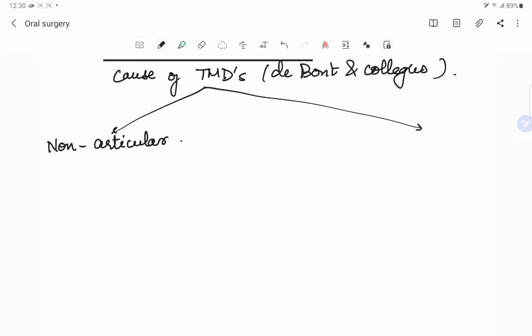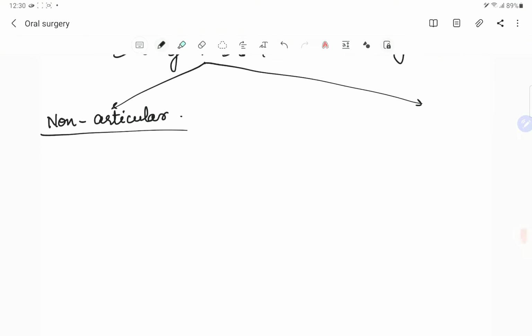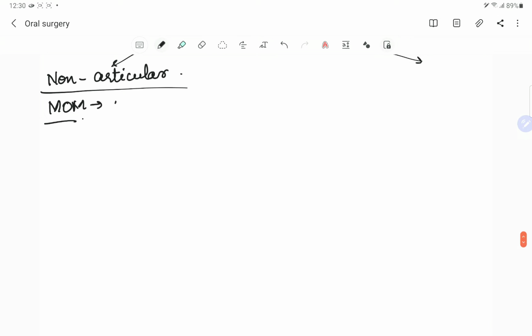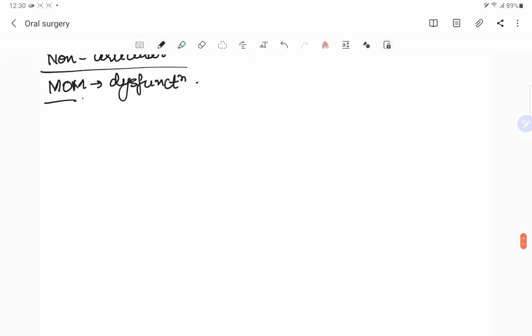That is going to be the musculature, the muscles of mastication. If there is a dysfunction in the masticatory muscles, that can be included as non-articular temporomandibular joint disorders, or you can also refer to them as the temporomandibular muscle disorders, because the muscles of mastication are involved in this.